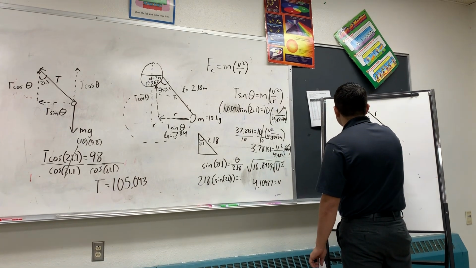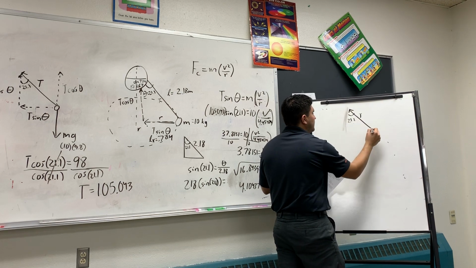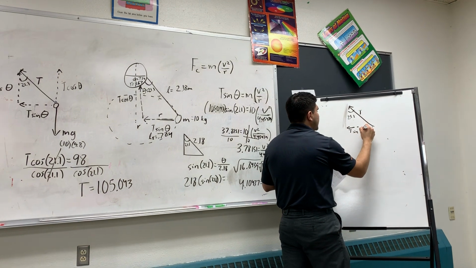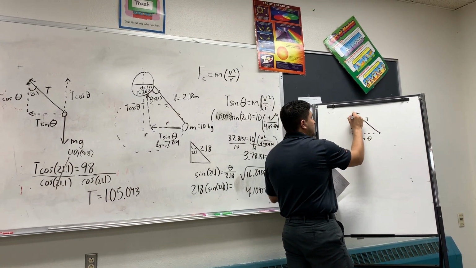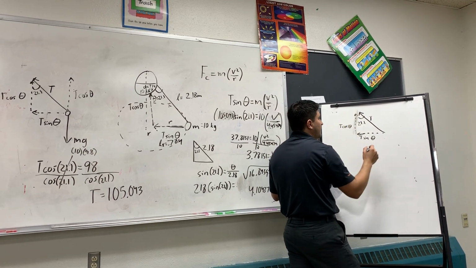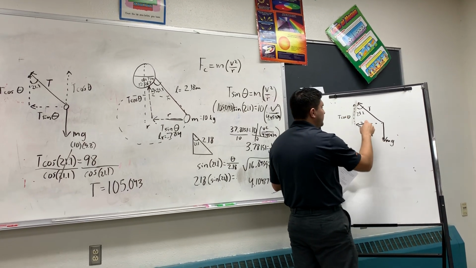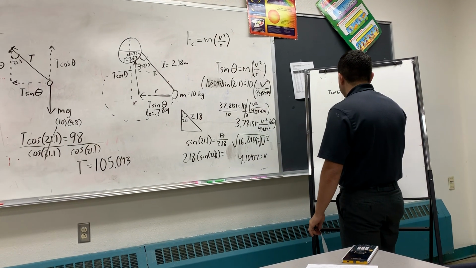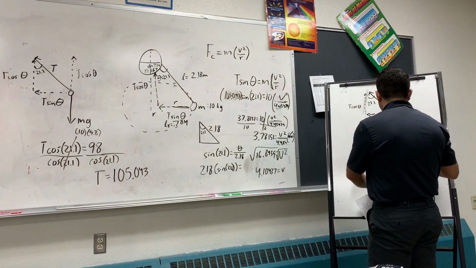And then the upward part is, here's tension. The horizontal part is T sine of the angle because it's opposite. And then adjacent, we have T cosine of the angle. Downward, we have mg. And the reason we split tension up is because it's at an angle. So I know that T cosine of the angle must be equal to mg.